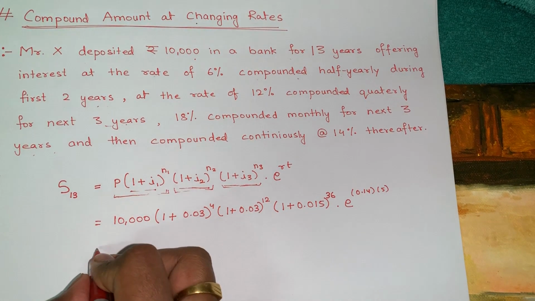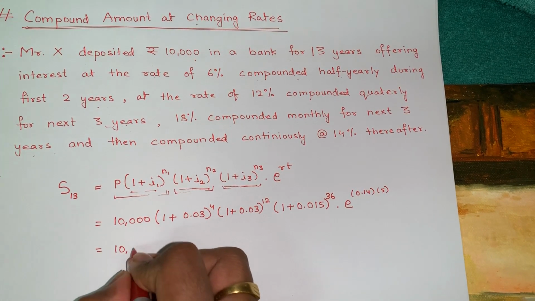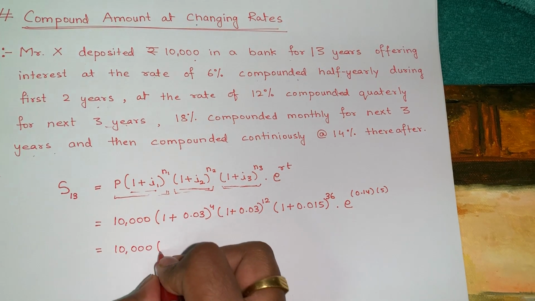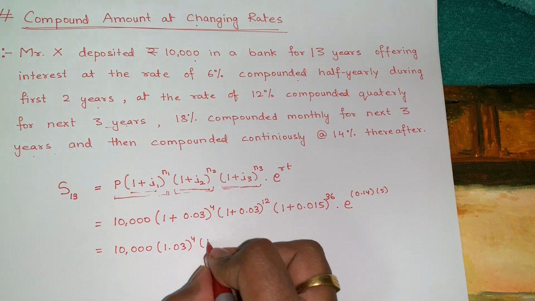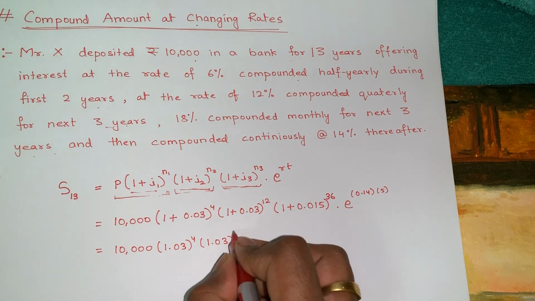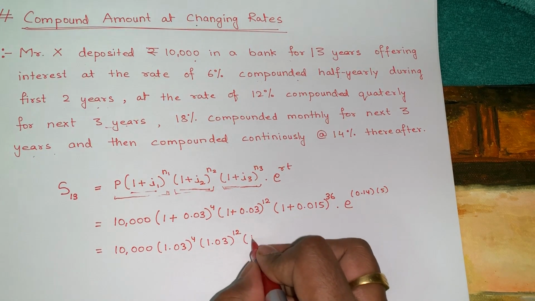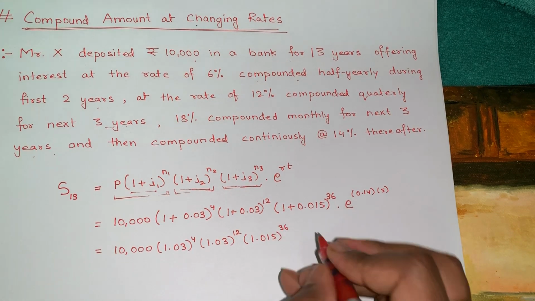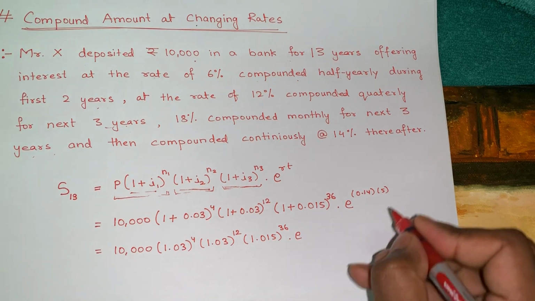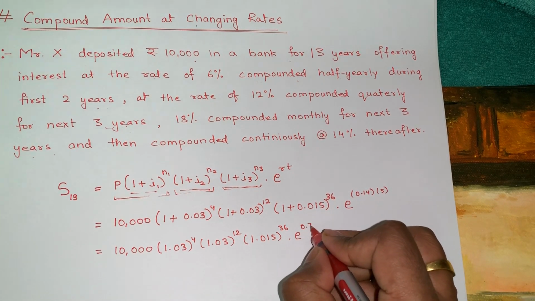So now we solve this. This becomes 10,000 multiplied by 1.03 to the power 4 multiplied by 1.03 to the power 12 multiplied by 1.015 to the power 36 multiplied by exponential to the power 0.70.